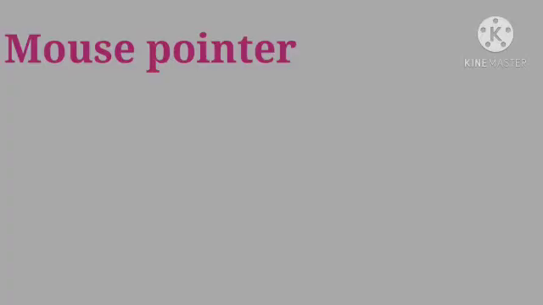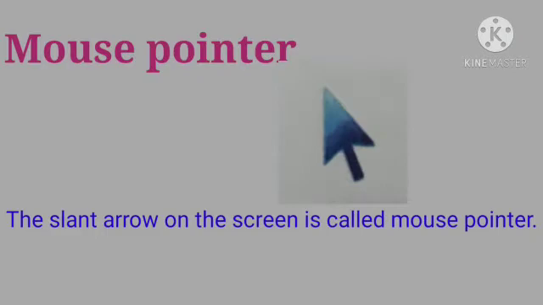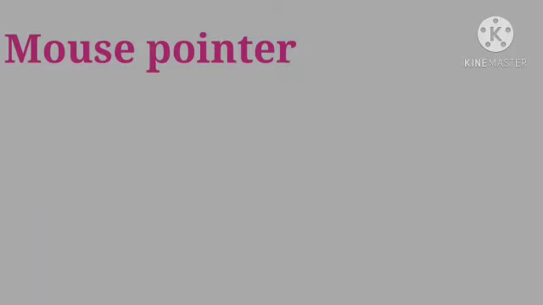Mouse pointer. The slant arrow on the screen is called the mouse pointer. When we move the mouse around, the arrow on the screen also moves around. When you move the mouse on the mouse pad in any direction, the mouse pointer also moves in the same direction on the screen.